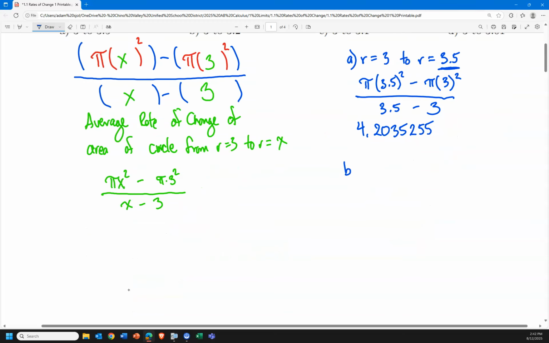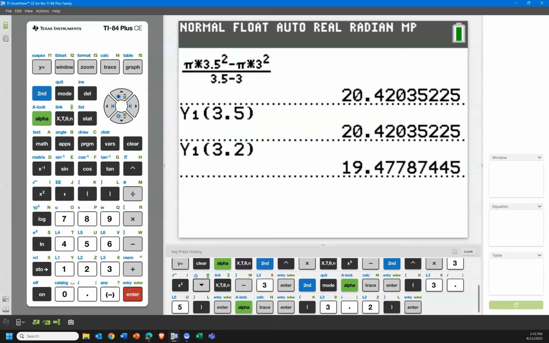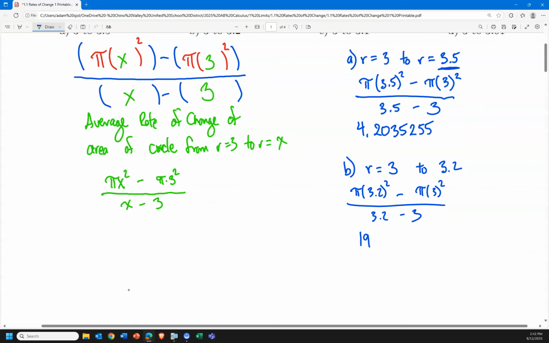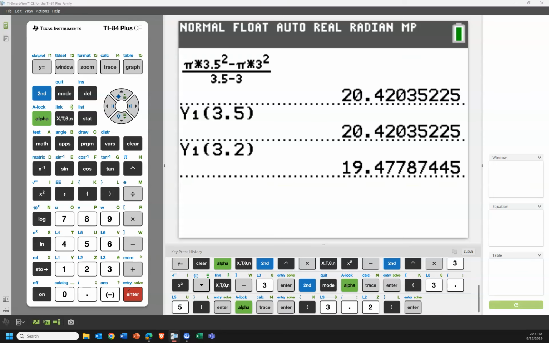So I'll write b, radius equals 3 to 3.2, pi times 3.2 squared minus pi times 3 squared over 3.2 minus 3. And then I just need to copy down 19.47787445.